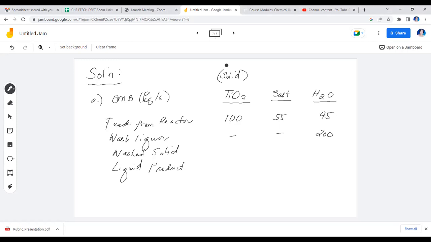Now, what about the washed solid? What is the amount of titanium dioxide in the washed solid? Remember that this washed solid is your inert insoluble solid. Where did it come from? From the feed.